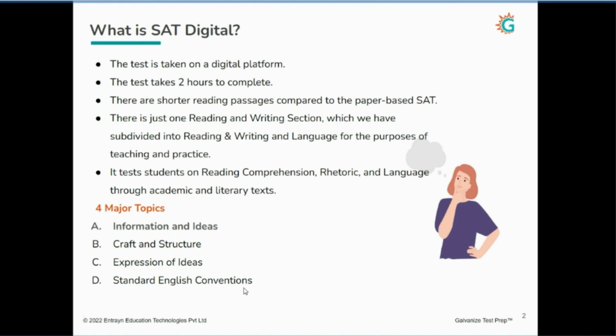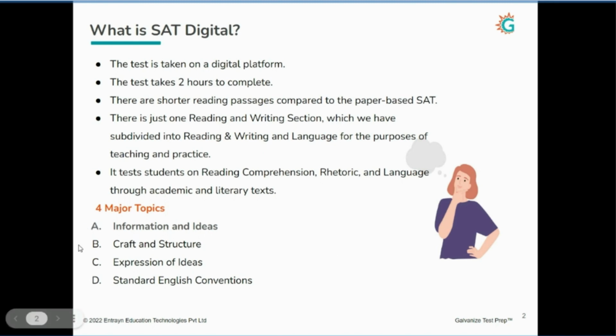So these would be your grammar topics mainly. Also, some stylistic aspects like parallel structures, logical comparisons, etc. Expression of ideas is about expressing ideas in the best way possible. Mostly, it would be editing questions, making revisions to the text, and things like that. These two would go together. We'll club them both under the writing and language section.